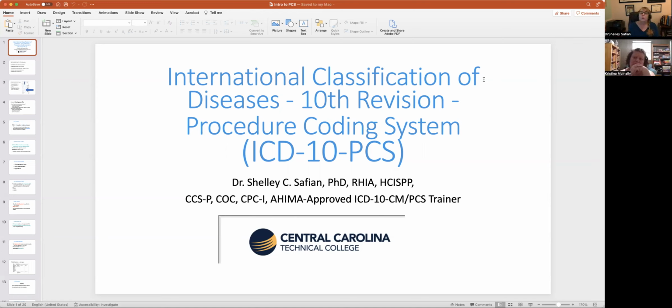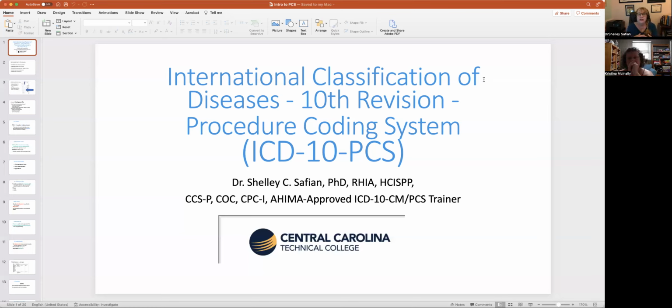ICD-10-PCS is procedure codes used to report what a hospital provides to an inpatient, not the ambulatory care center, not the outpatient. No. The patient's got to have a bed and a room on a floor. Okay.